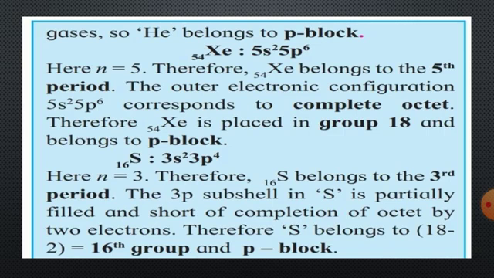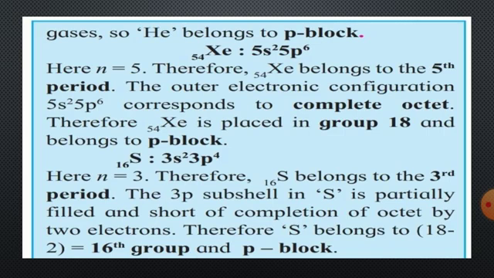And as we know, the last electron enters the p subshell, and we know group 16 is the p block elements. So here sulfur belongs to the third period as the number of shells is 3.